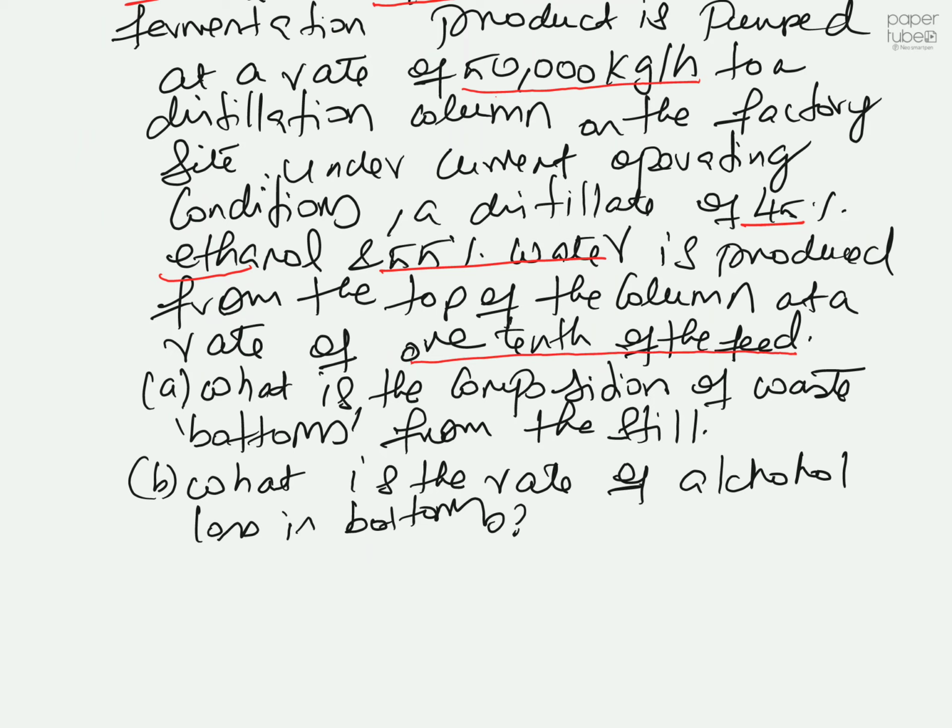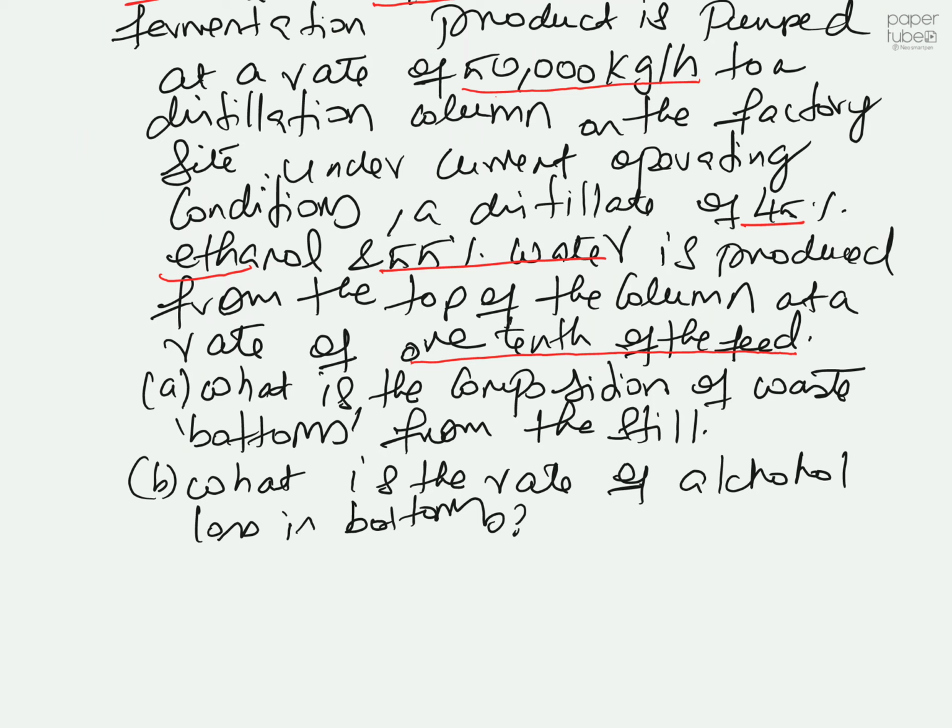What does that mean? If you are pumping something inside at 50,000 kilograms per hour, the flow rate at the top of your column is exactly 1/10 of your feed flow rate. So it should be 1/10 multiplied by 50,000 kilograms per hour. That's the flow rate at the top of your distillation unit.